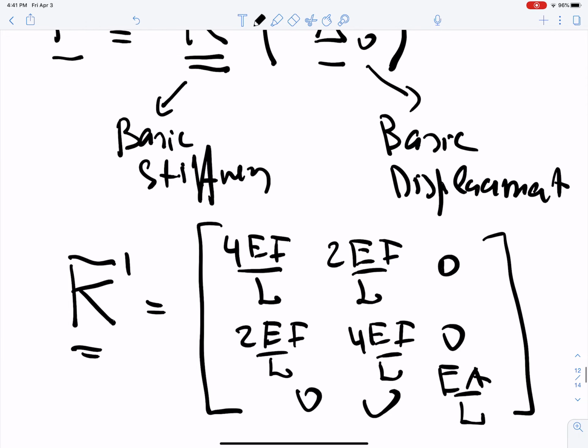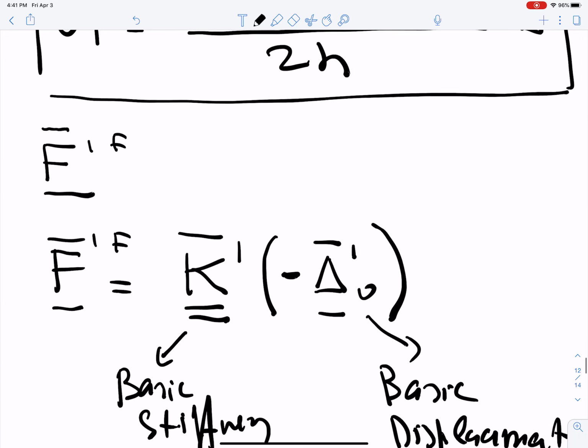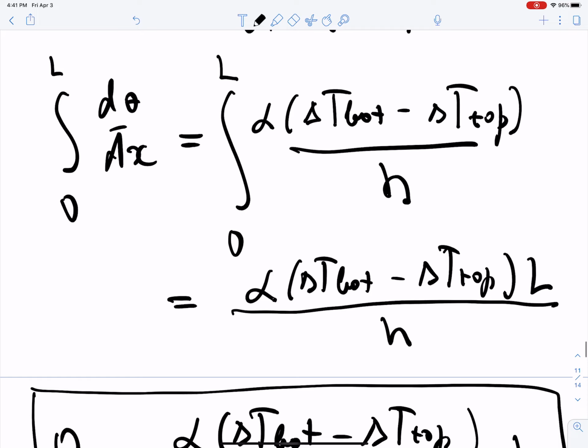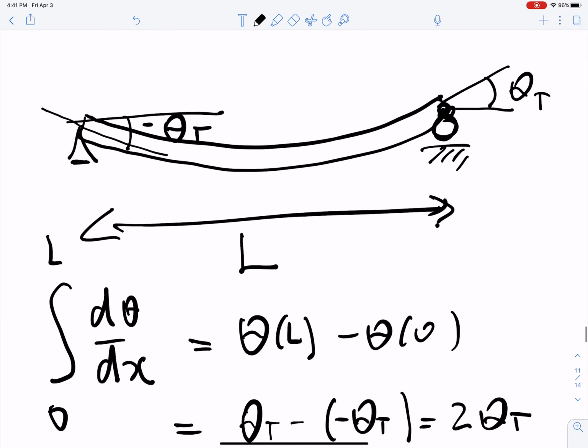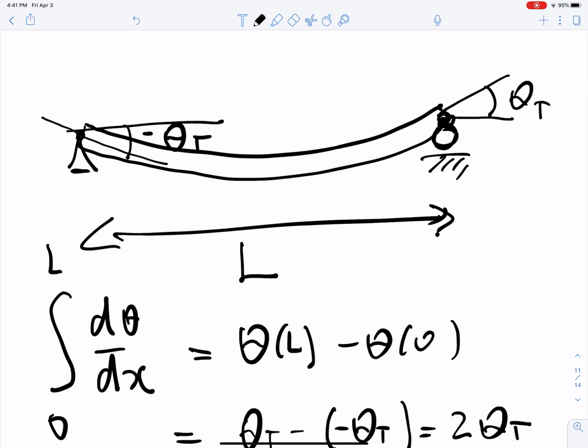All right, let's look back. Rotation at this node is minus theta t. Rotation at that node is theta t.